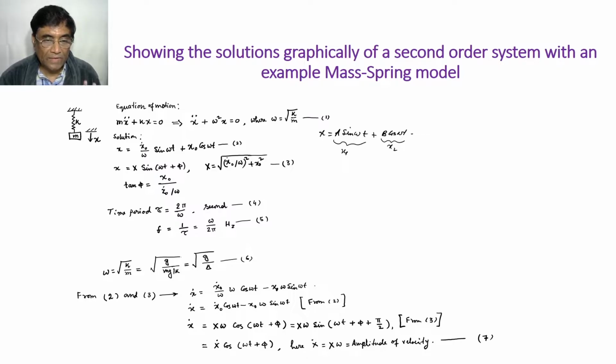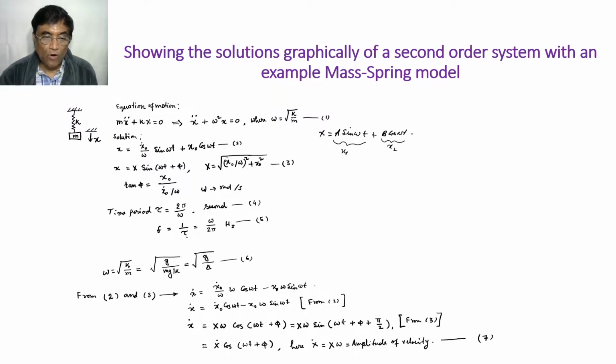So tau equals 2 pi by omega, where the total angle is 2 pi and omega is the angular frequency, in radian per second. So the time period will be in seconds. Frequency is how many oscillations take place per unit time, so 1 by time period, which equals omega by 2 pi, in hertz.